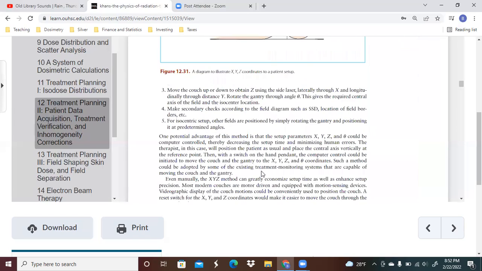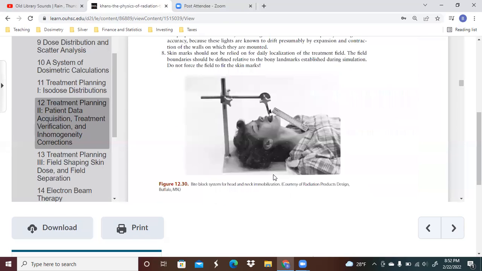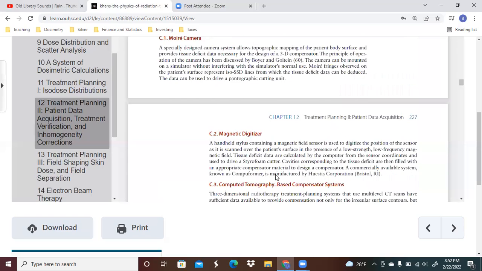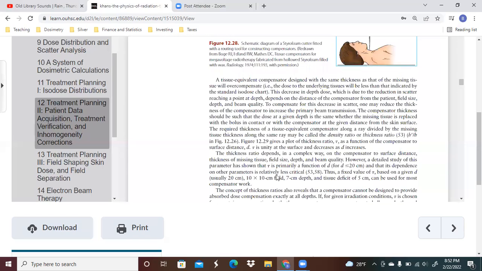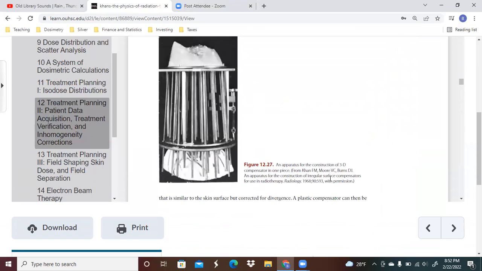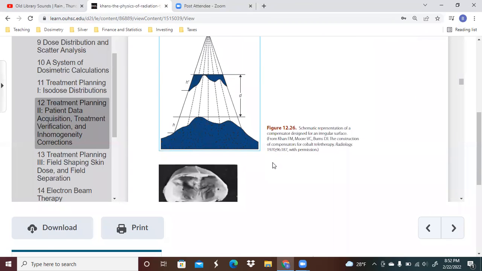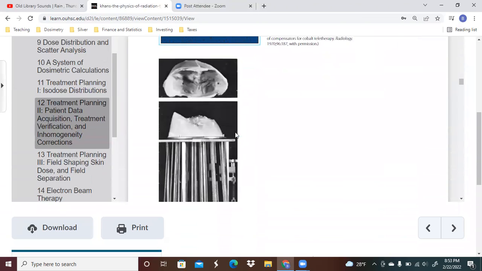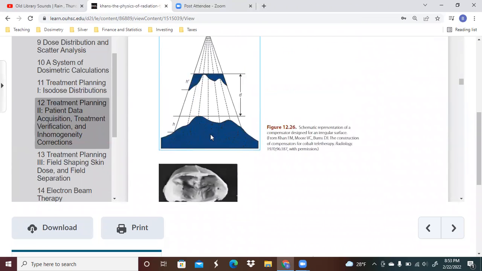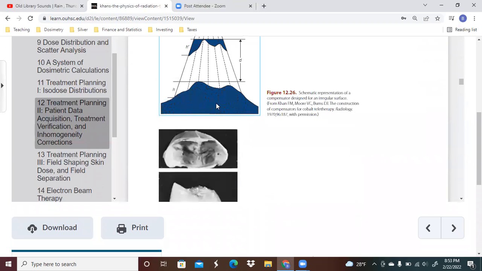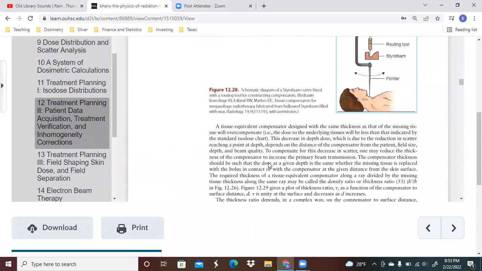In other words, what you are attempting to do here is smooth out whatever surface it is that you're encountering. One way to do that is to build a compensator that you would put over the patient. And therefore, when the beam does interact, it almost feels like it's a flat surface.